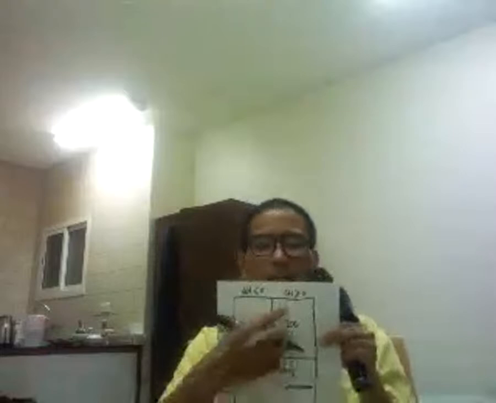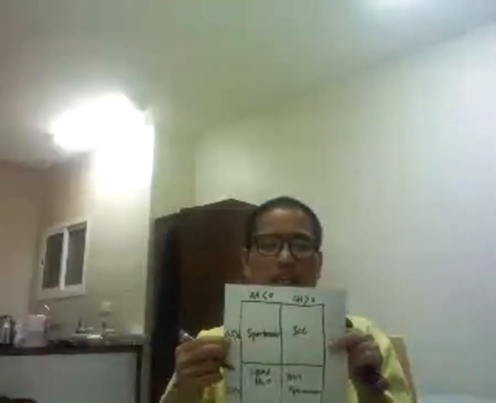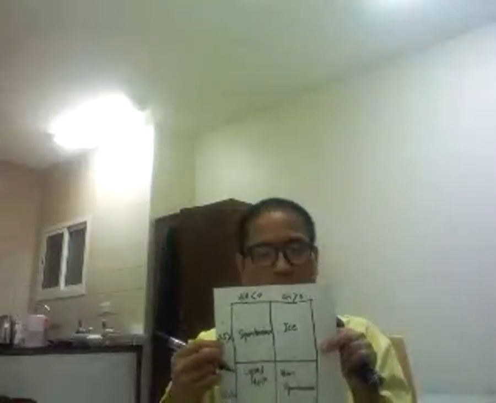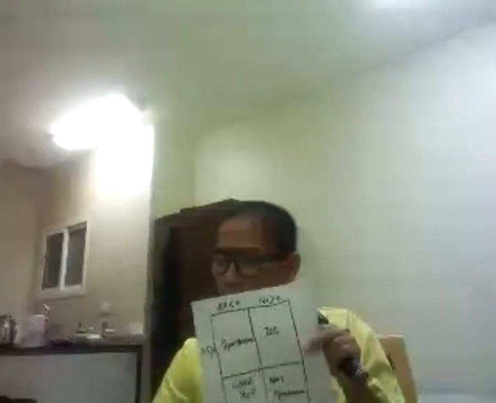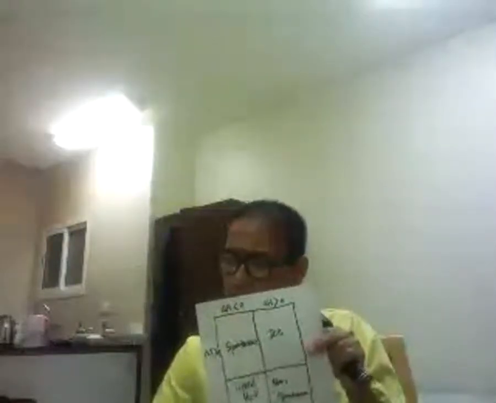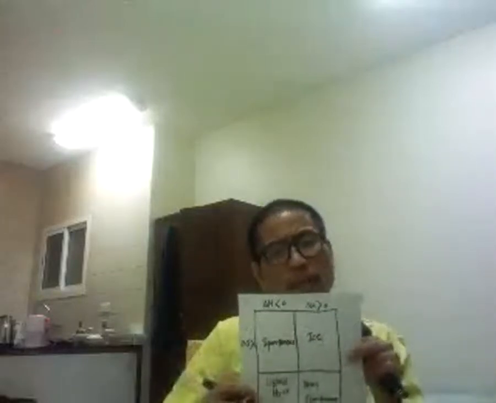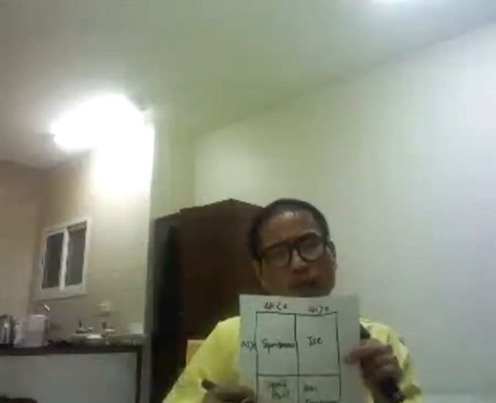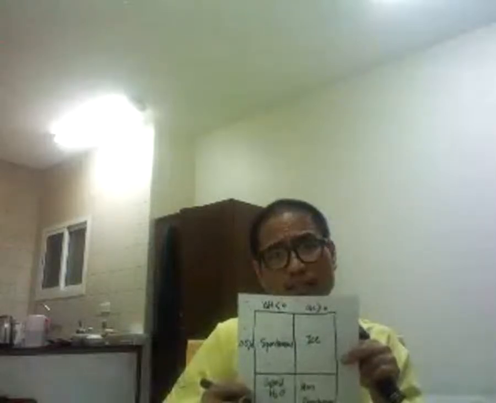Minus, and then the entropy will be here. This entropy is greater also than 0, so it's positive 1. So positive 1 minus positive 1, like this. So this is 0. So if that is 0, that is not negative, right? So if that is not negative, so that is non-spontaneous.